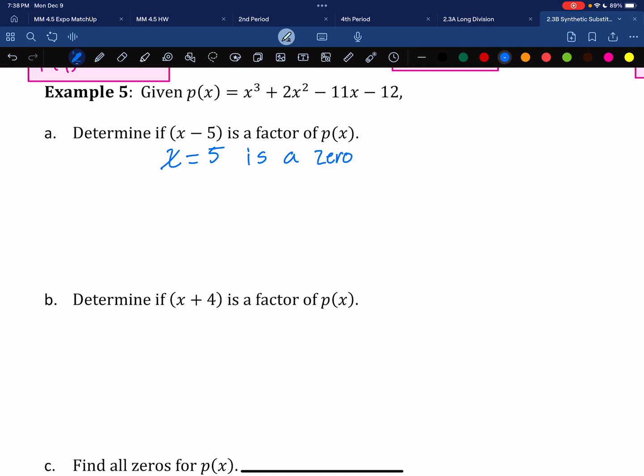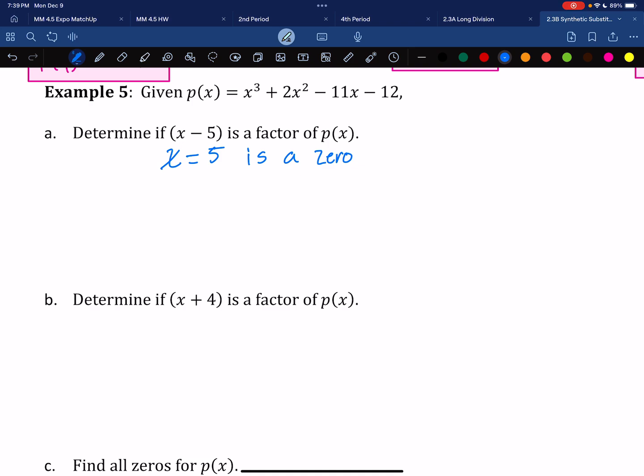Because if our remainder is 0, that means that number is a 0. So if we use 5 for synthetic substitution, if 5 is a 0, then we should get a remainder of 0 at the end. And if we do, then that means that x minus 5 is a factor. If we don't, that means that x minus 5 is not a factor.